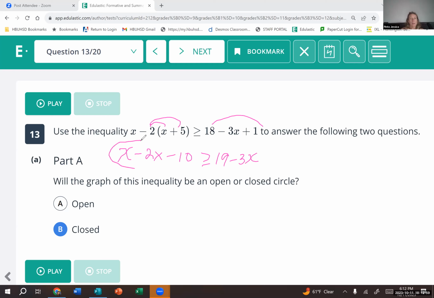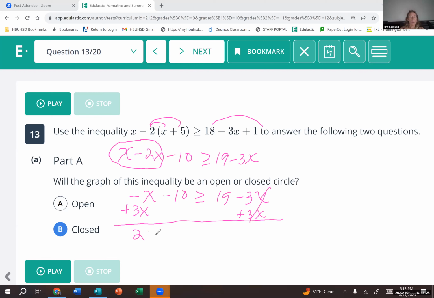Okay, so together, these are going to make negative x minus 10 inequality 19 minus 3x. Now that it's like fully simplified on each side, negative 1 is actually bigger than negative 3. So I'm going to add 3x to both sides. I always compare so that I get a positive coefficient whenever possible.